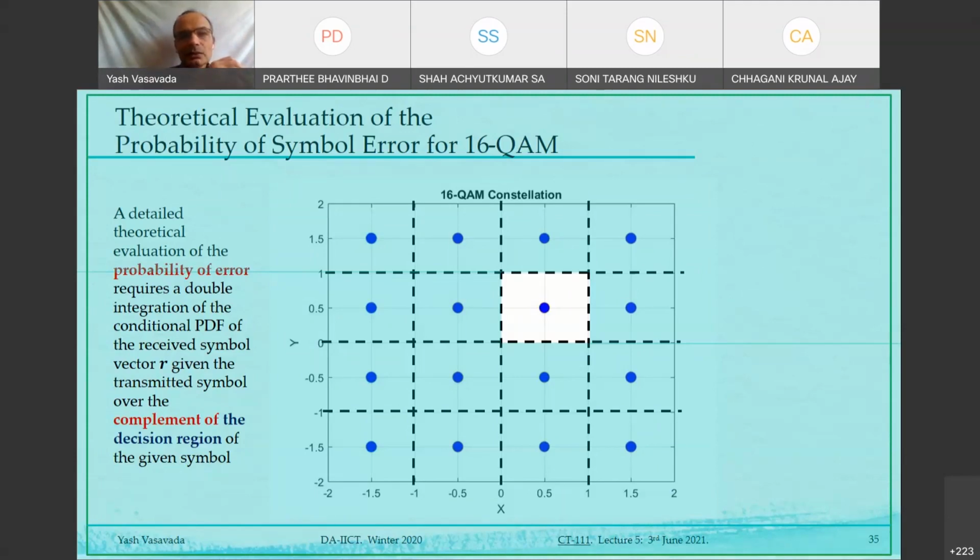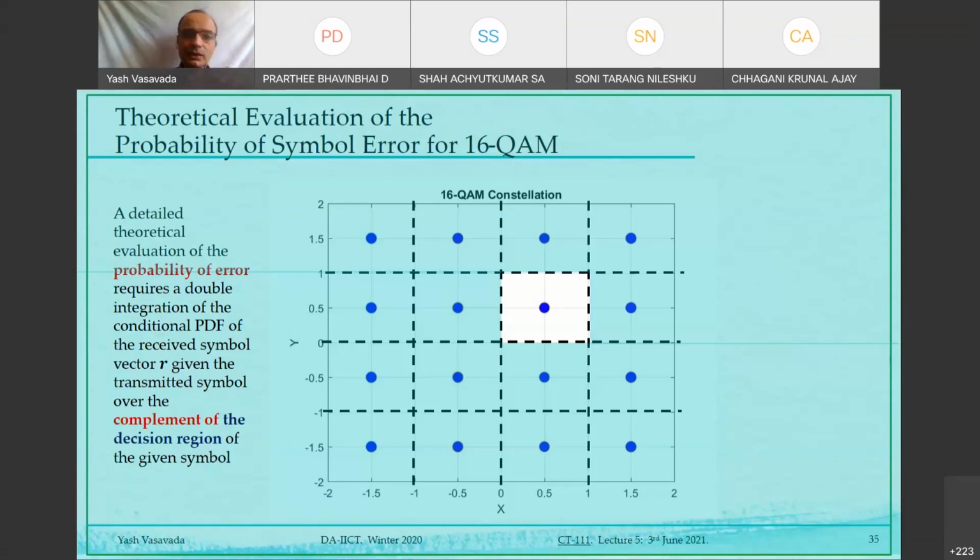But you know, this integration can be done. It is there in John Proakis's book. Maybe when you take the digital communication course, I think you will be taking that in your 4th or 5th semester, I don't remember, the professor at that time will ask you to do this two-dimensional integration.